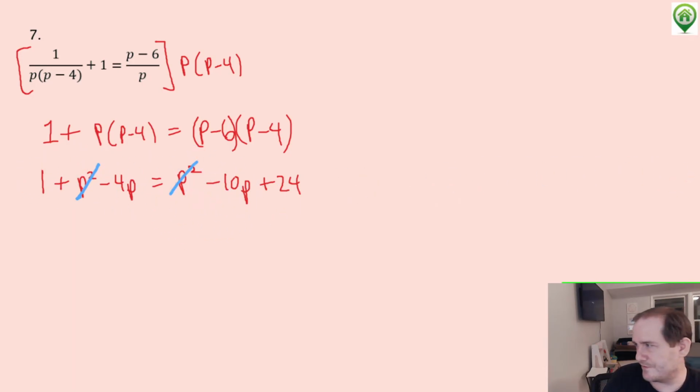So we don't even have a quadratic, we just have a linear equation here. So adding your 10p will give you 6p, and subtracting 24 will give you negative 23. Yeah, it seems right. That equals 0. So just add 23, divide by 6.